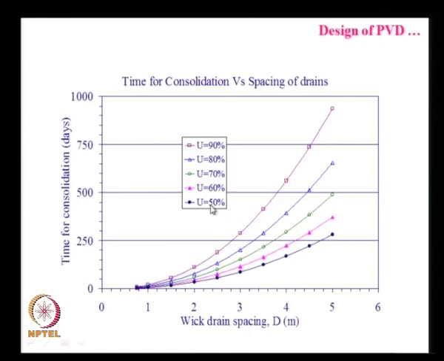And if we want a higher degree of consolidation, 90%, the spacing is lower, and if we want within 1 year a lesser degree of consolidation, we can have a higher spacing as indicated here.